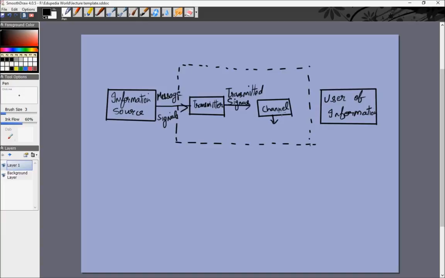So if you have long wires which we call telephone cables, then the pressure waves or the sound will be converted to an electrical signal, and that electrical signal will be transmitted through wires, and those wires will be called a channel. Now when the other user gets the electrical signals, they cannot understand the electrical signals for themselves, so they need something to convert those electrical signals back into sound, and that is called the receiver.